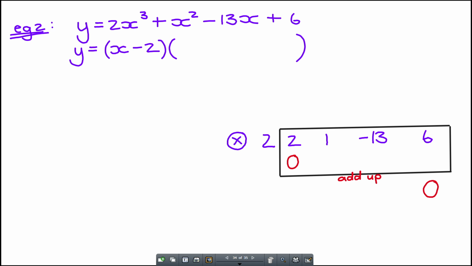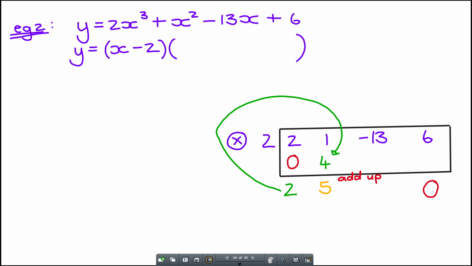Right, so first things first, nee? We write our coefficients, dit het ons klaar gedoen. Nou gaan sê is, we add up. So, 2 plus the 0 will give me 2. Okay, nou gaan ek rondom taal ry. So, 2 times 2 will give me this one. En dit geef my 4. And 1 plus 4 gave me 5.